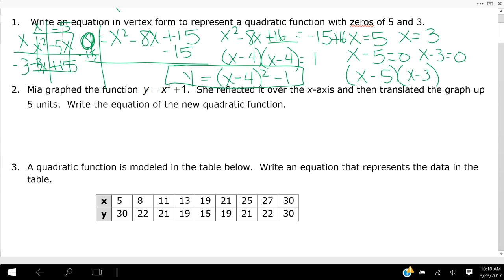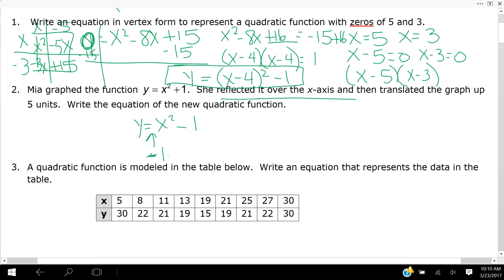Okay, because I think that if I have this function, if I'm going to reflect it, that means that my value in front of my x squared is negative. So the first thing I'm going to do is add a negative 1 here to be multiplied times my x squared.